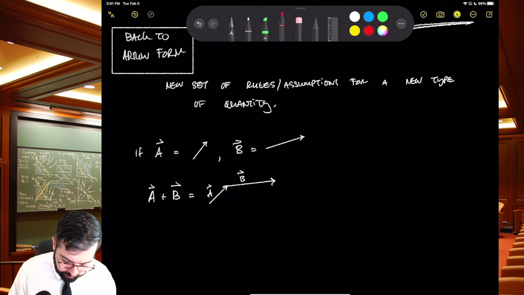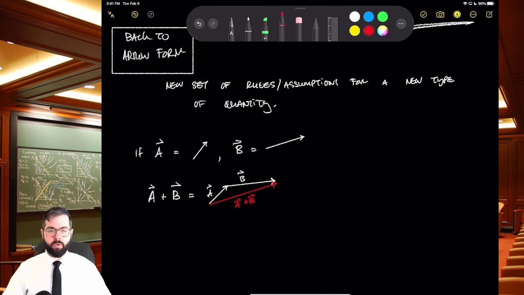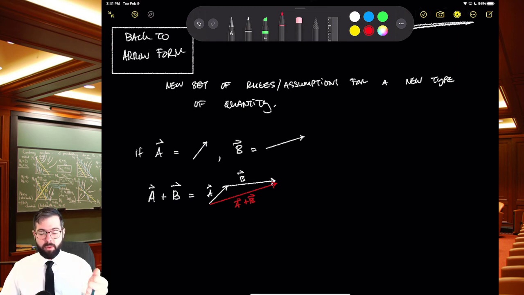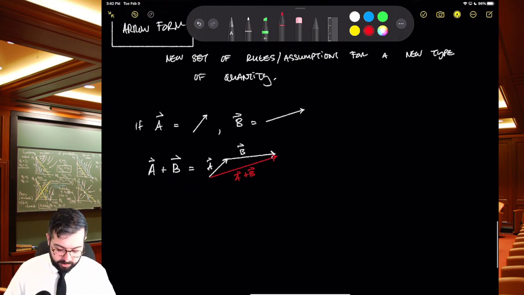We call that the resultant vector. You put the tail of the second one on the tip of the first one and see where you end up, right? And then you can inscribe that resulting vector, the resultant, and that will be the sum.